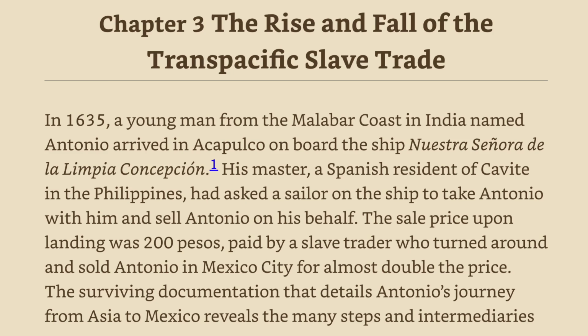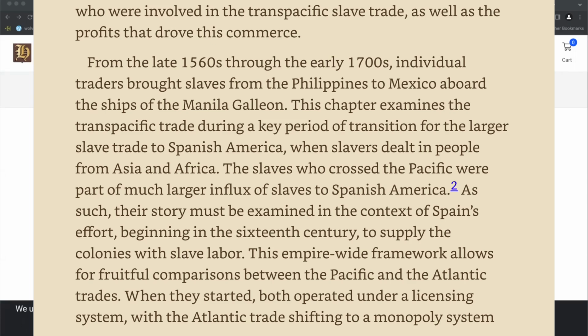The sale price upon landing was 200 pesos, paid by a slave trader who turned around and sold Antonio in Mexico City for almost double the price. The surviving documentation that details Antonio's journey from Asia to Mexico reveals the many steps and intermediaries involved in the Trans-Pacific slave trade, as well as the profits that drove this commerce.